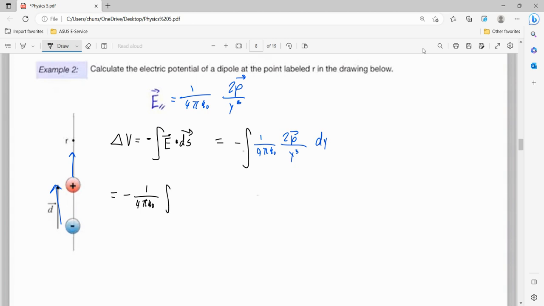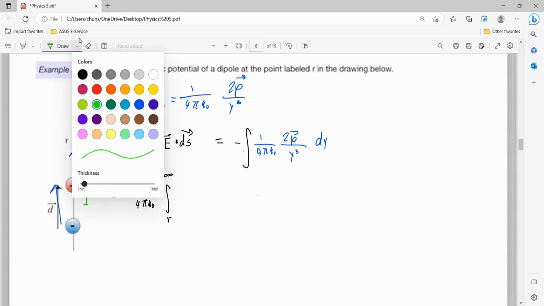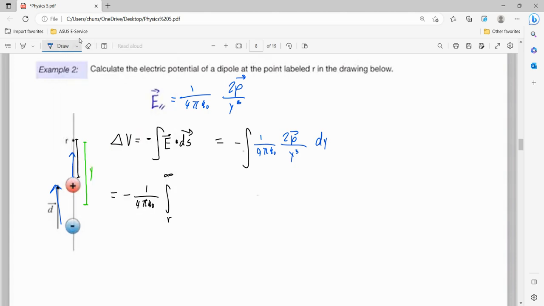We're going to integrate with bounds r to infinity, where r is our separation distance right here, and where y is the separation distance from r to the middle of our 2 points. So this is 2p over y cubed dy.